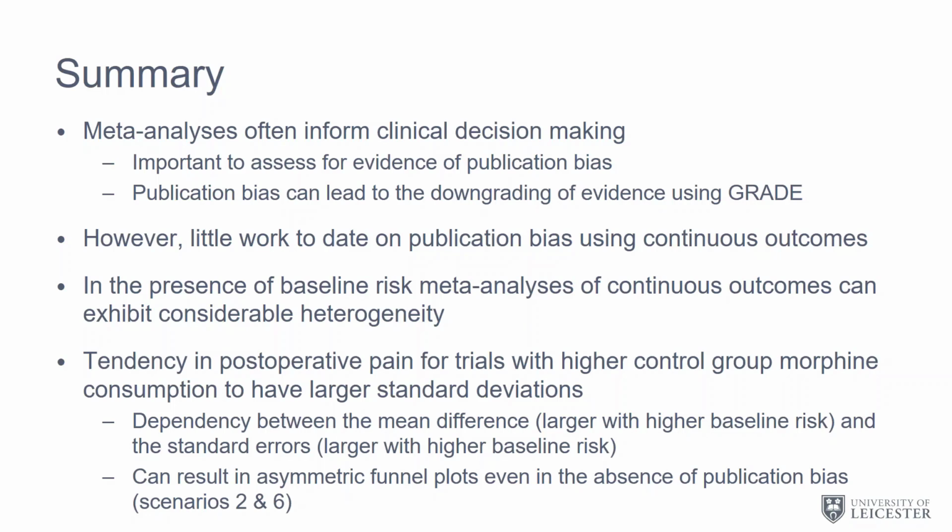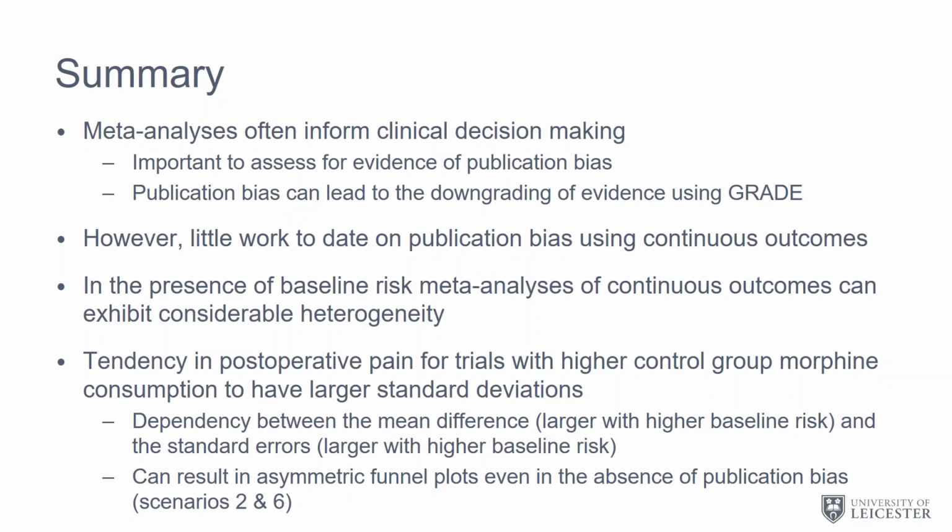So it's important that we assess our meta-analyses for evidence of publication bias, and the presence of publication bias can lead to the downgrading of the certainty of evidence using the GRADE approach. To date, most of the work has focused on binary outcomes, but it's important that we also have appropriate methods for identifying publication bias using continuous outcomes.